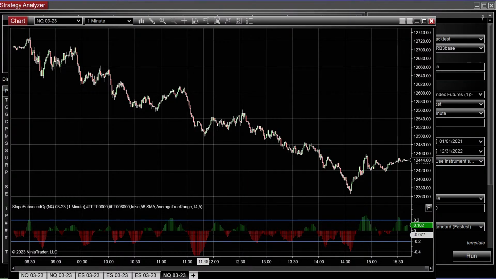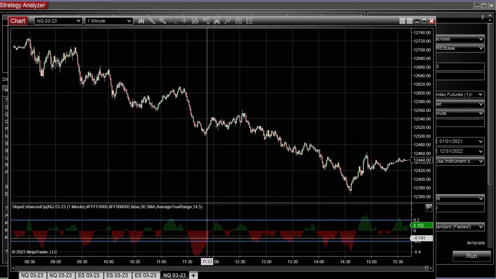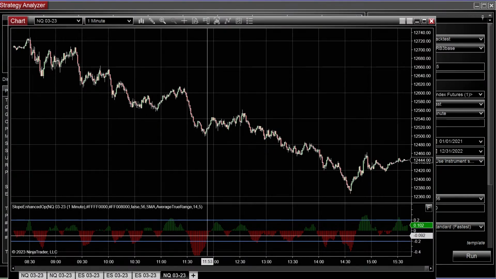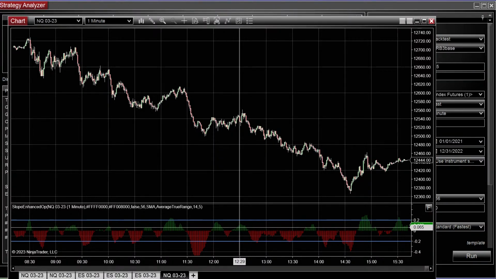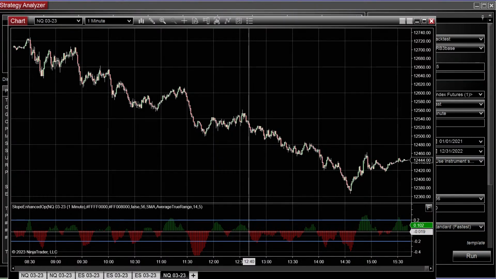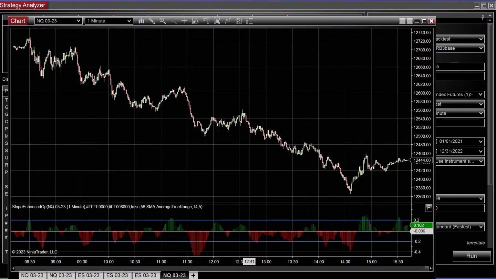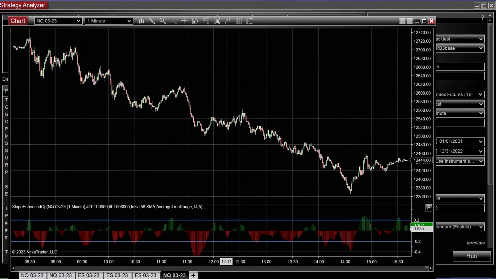So we could say that if we fall back inside this range, if we stay within this range after a certain duration of time, it indicates that we might be due for a squeeze or a change in direction, or something along those lines.